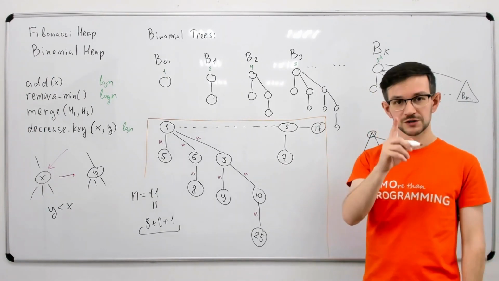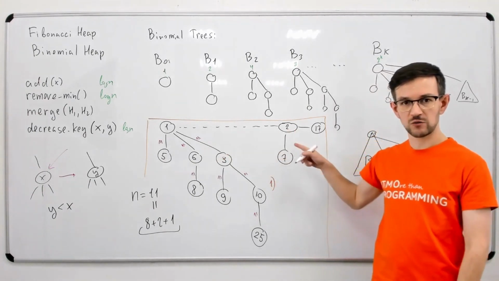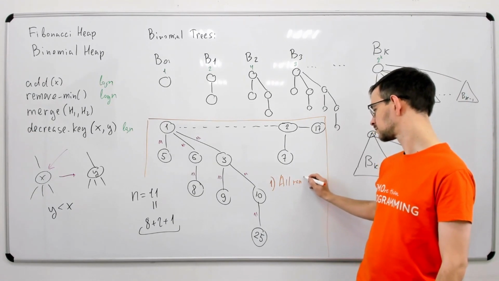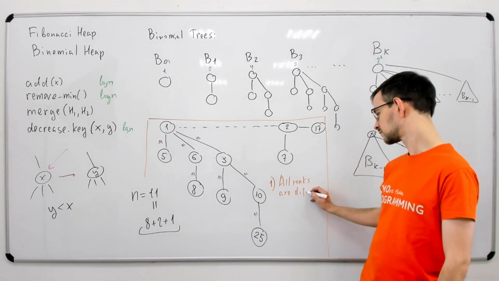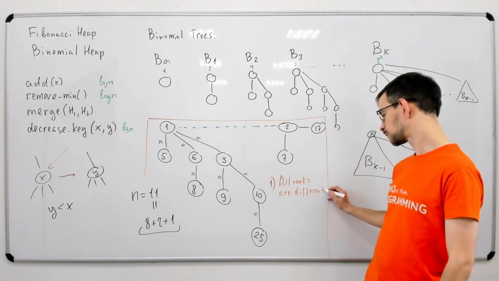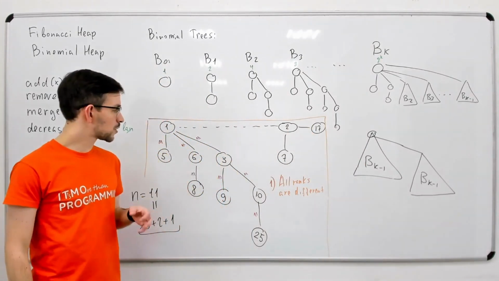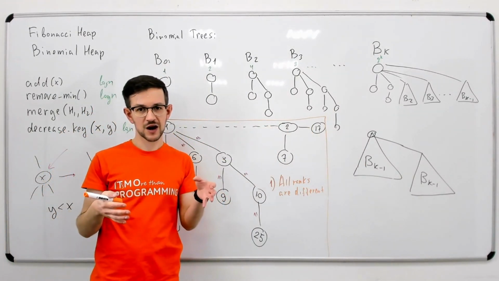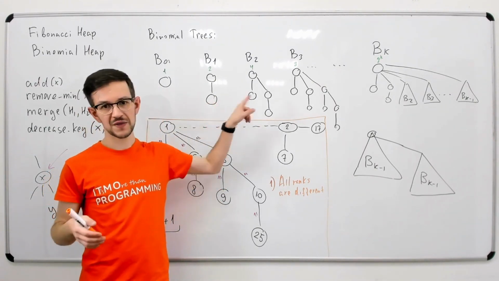there are two consequences. First, all ranks of these trees will be different. Because if I take 2 trees of the same rank, it means that I can take one tree of the next rank instead.